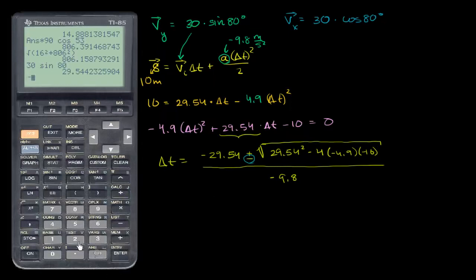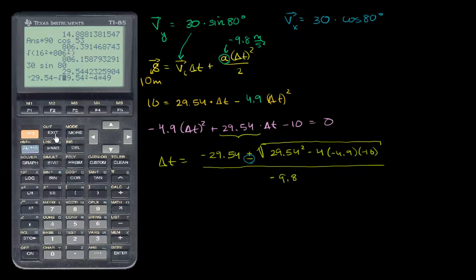So we have negative 29.54 minus the square root of 29.54 squared, and then we have minus 4 times negative 4.9 times negative 10. These two, when you take their product, is positive 49. So times 49, and I should add a parentheses over there.